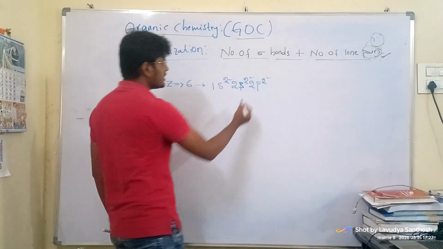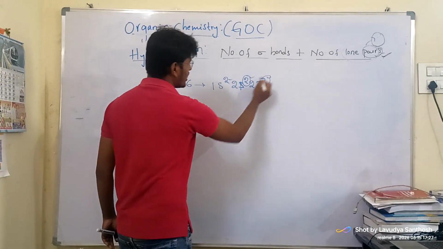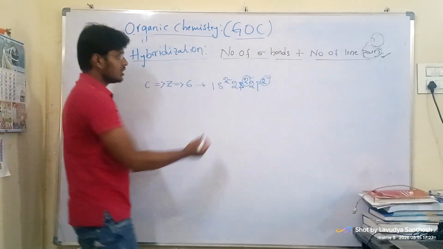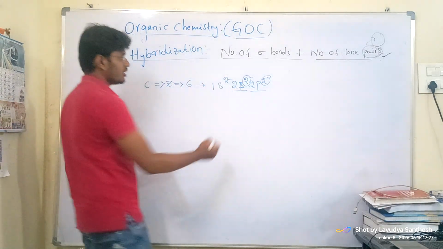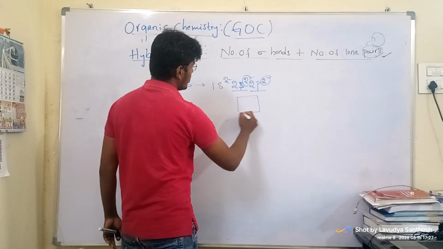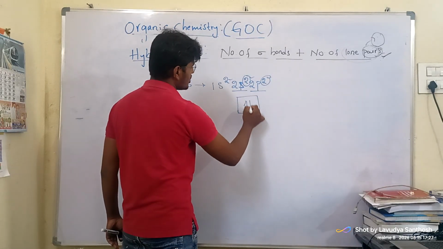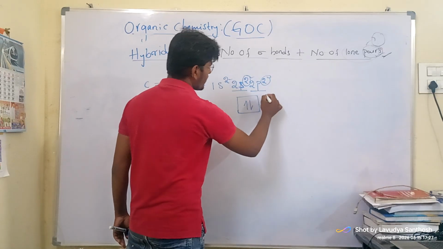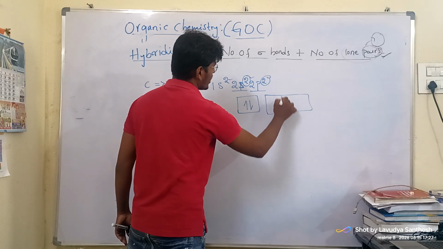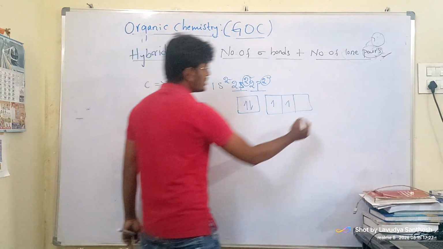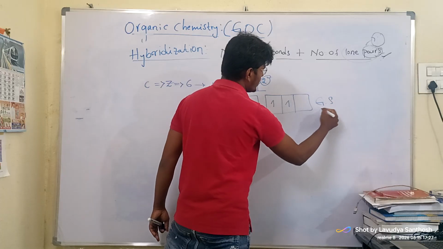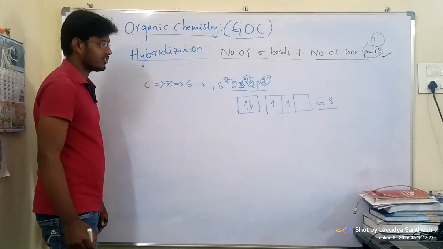Now you see here, these are the outermost or outer shell orbitals. We will be considering only these. This is the s orbital and this is the p orbital. This is the ground state configuration.